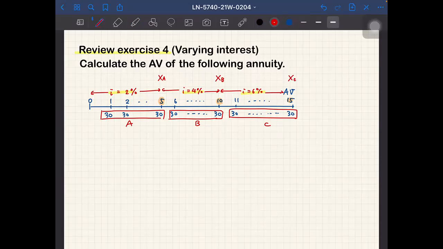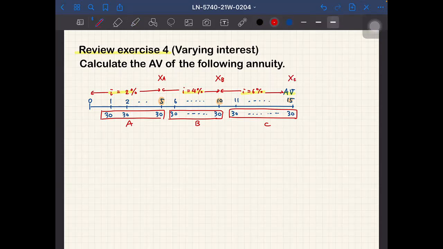Then finally, we can calculate the accumulated value. AV is basically the total value of XA, XB and XC. But XA, XB, XC are at different time points, so we have to calculate the value at t equal to 15.